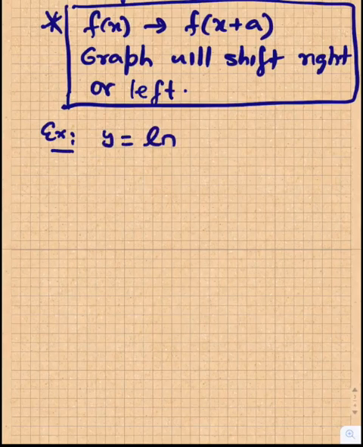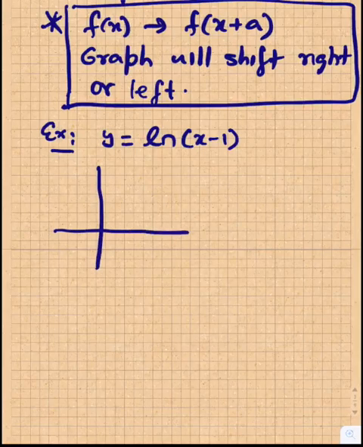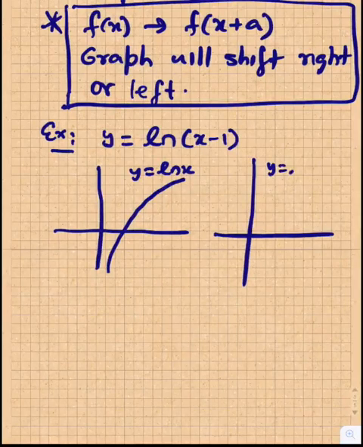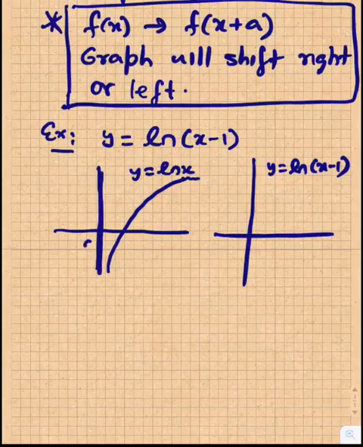Suppose I want to draw the graph of ln(x - 1). This is a logarithmic function. Now for the logarithmic function, we know the graph of ln x. The ln x graph looks something like this, y = ln x. This is the graph of y = ln x, and I want to draw the graph of ln(x - 1). So again we'll apply the same concept. At 0 we see that there is a vertical line, at x = 0.